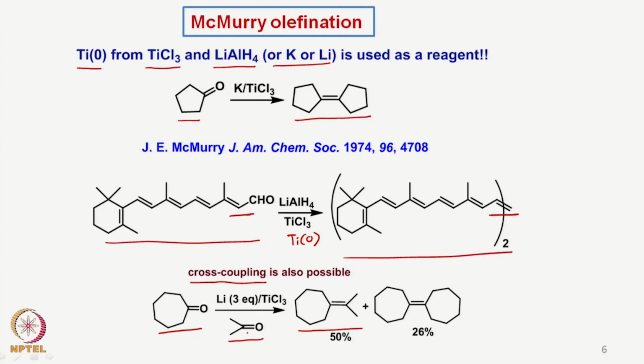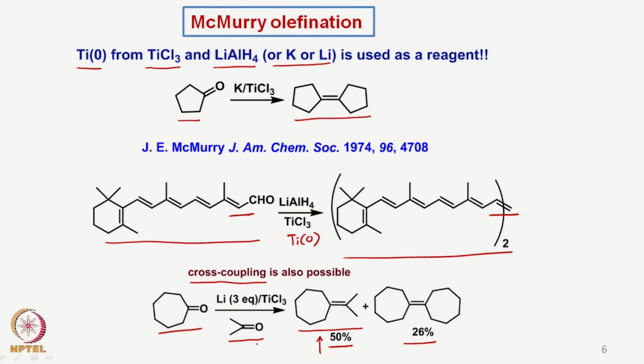That means one molecule of acetone and one molecule of cycloheptanone react to form one molecule of this, which is formed in around 50%. And of course cycloheptanone can also couple with itself, and that forms 26% of the product, and of course the remaining will be acetone coupling with itself.